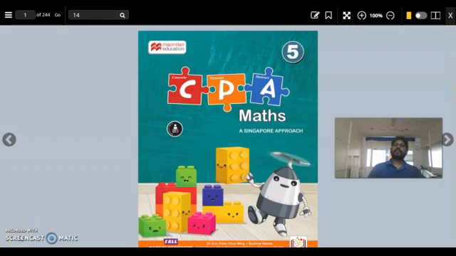Hello students, in the previous class we discussed different things like the Indian number system, the international number system, comparing those values, and also did some do and learn and think about yourself sums. In the last session, the most important thing we learned was the greater than, less than and equal to symbols.